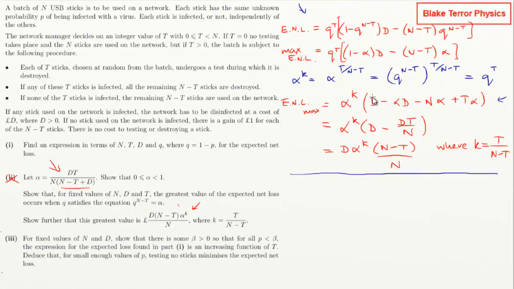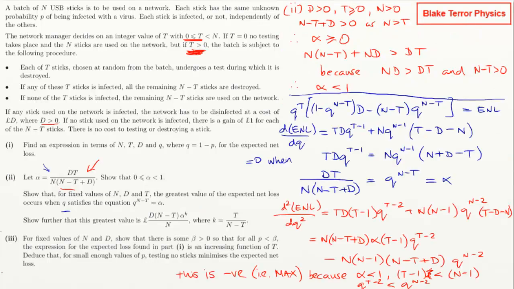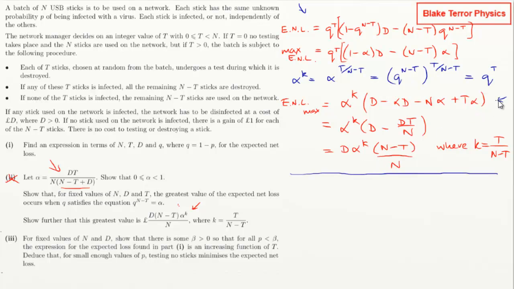I put these alphas in, but this multiplied out version, the one I used when I was doing the differentiation, is much easier to handle. So let's try that. If it's an increasing function of t, then if I write out the expected net loss for t and again for t plus 1, the t plus 1 is going to have to be larger. So let's get that better format up that I had before for the expected net loss.